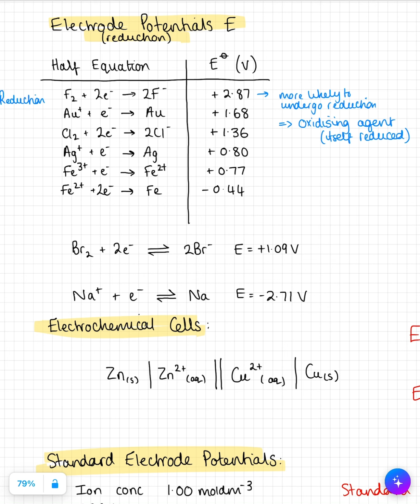An oxidizing agent will oxidize something else, therefore causing something else to lose electrons by it itself gaining electrons. The less positive or the more negative the value, the less likely that it will undergo reduction. So therefore, the weakest oxidizing agent.